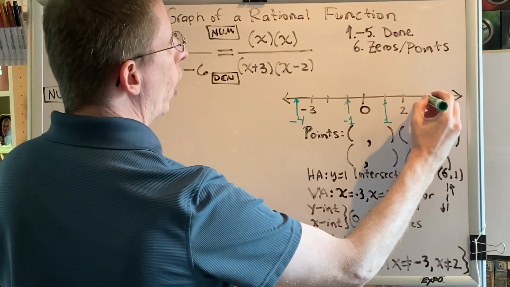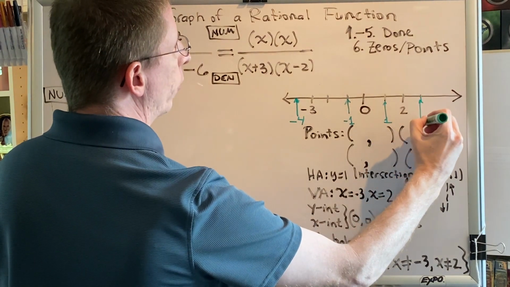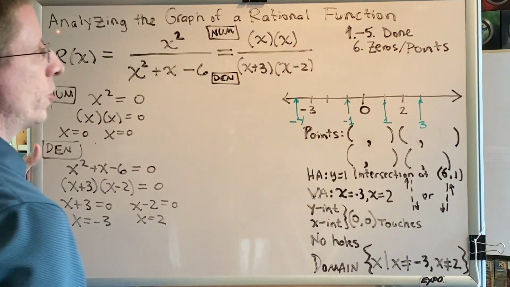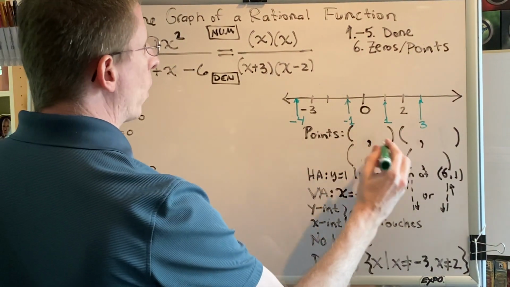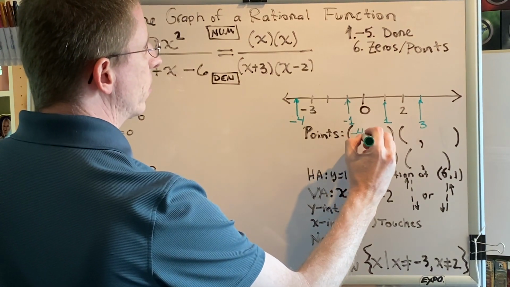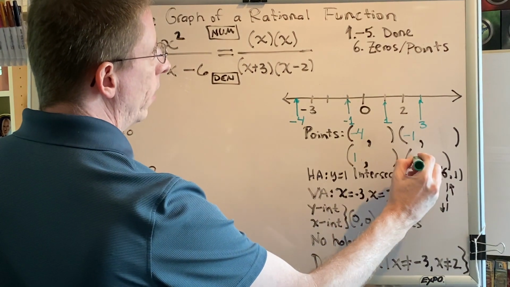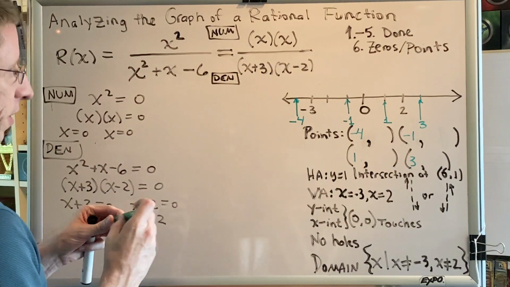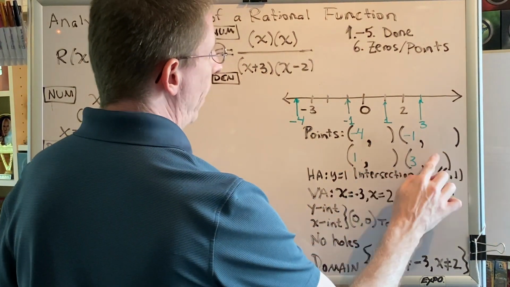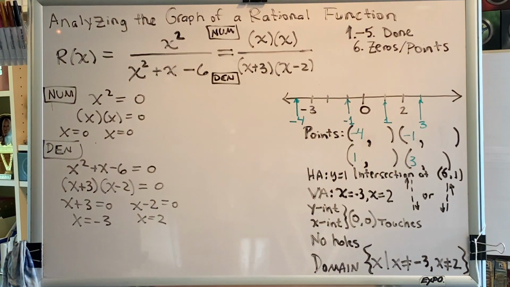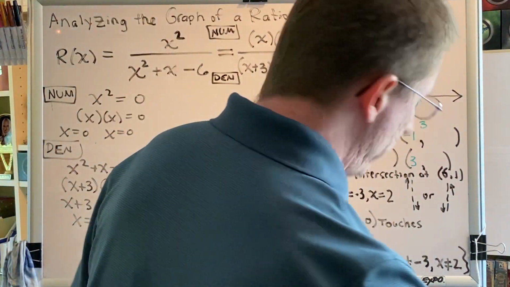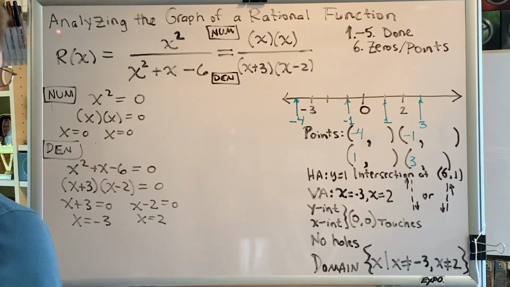And for the number larger than 2, I choose the value 3. So let's go ahead and fill in these 4 points. We have the x's, negative 4, negative 1, 1, and 3. The only thing left to do is to find the y values that go with those x values. All right, so let's go ahead and do that. I'm going to clear a little bit of space over here.